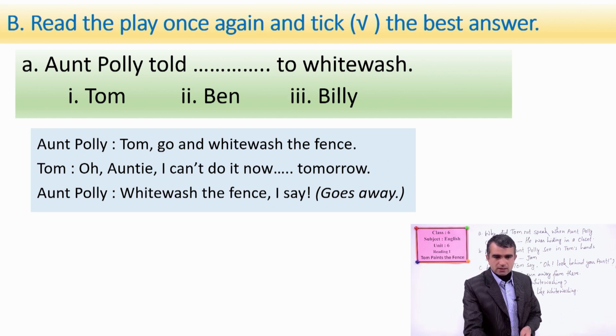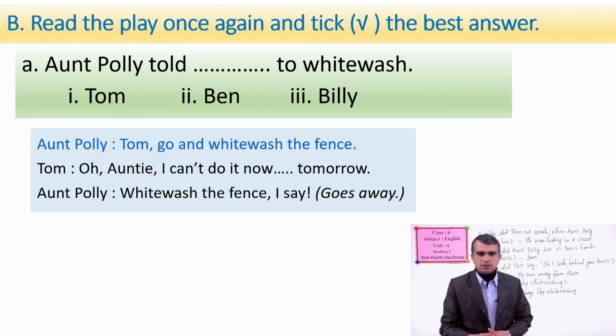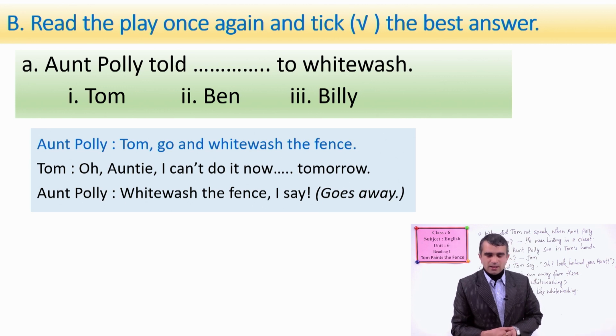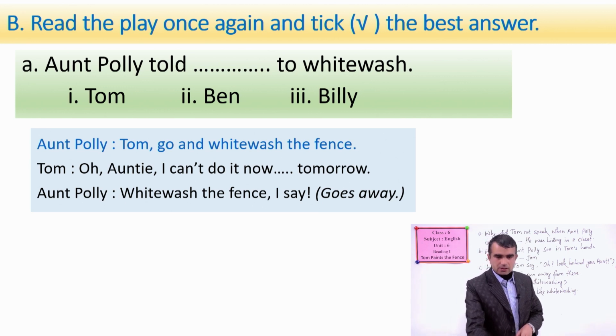Then just find it. In this line you can find Aunt Polly: Tom, go and whitewash the fence. What did she say? Tom, go and whitewash the fence. So Aunt Polly told whom to whitewash? Tom. Very good.